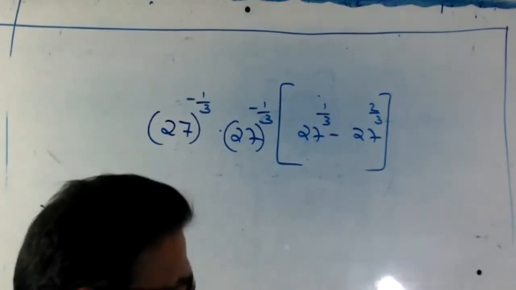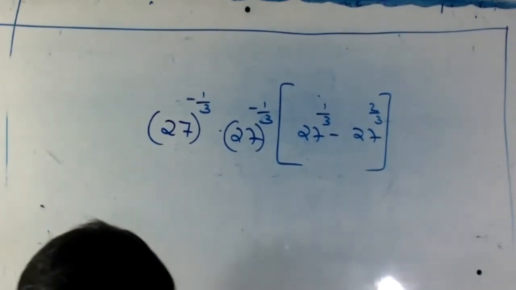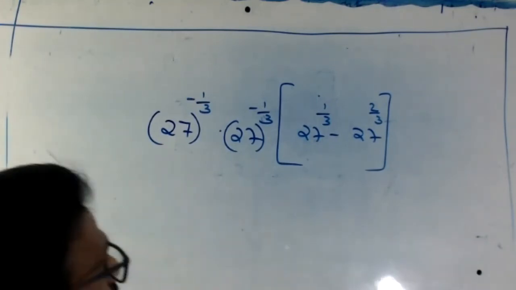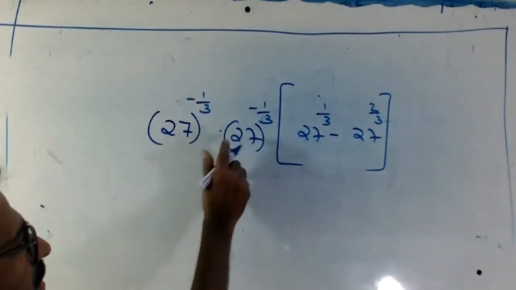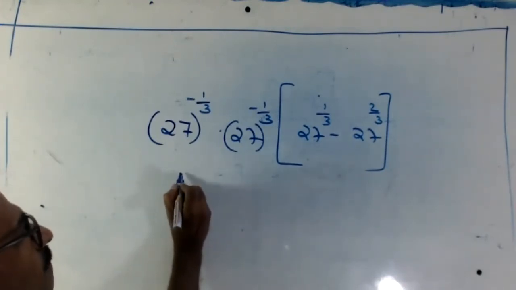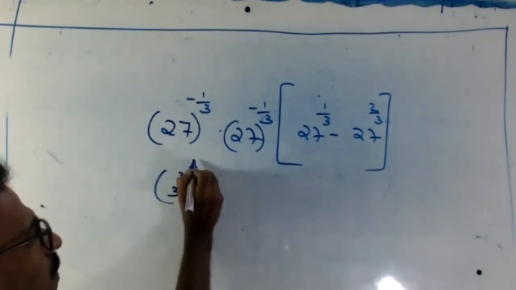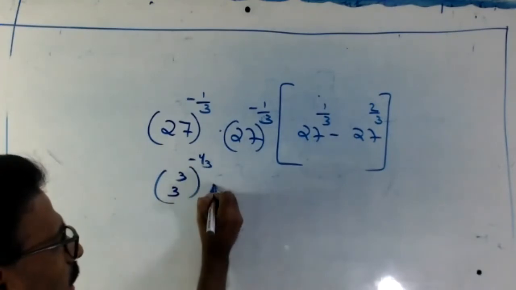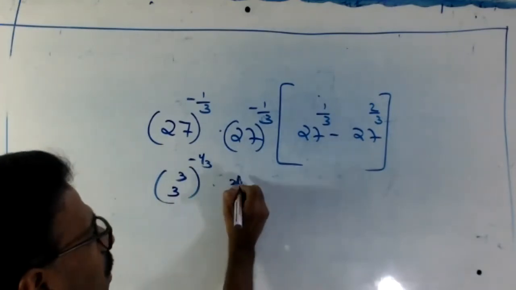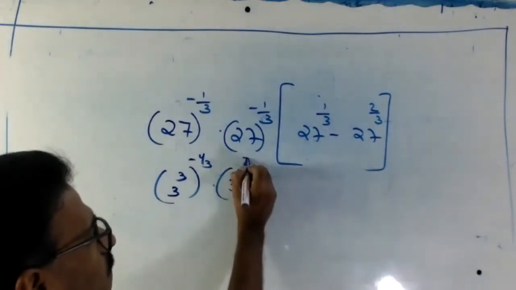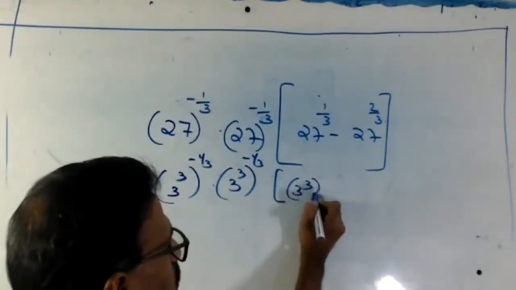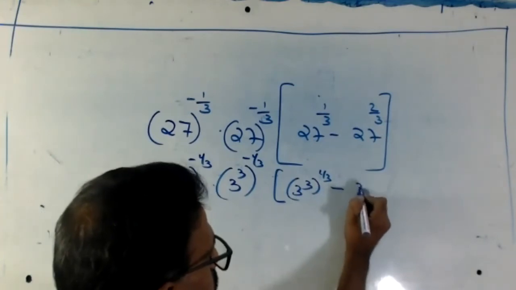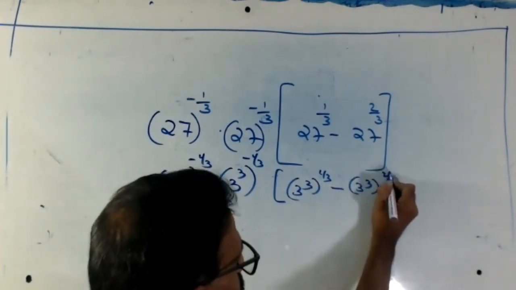Okay, so look here. Now this question. Here, 27 raised to minus 1 by 3, that is 3 cube raised to minus 1 by 3, into 3 cube raised to 1 by 3, minus 3 cube raised to 2 by 3.